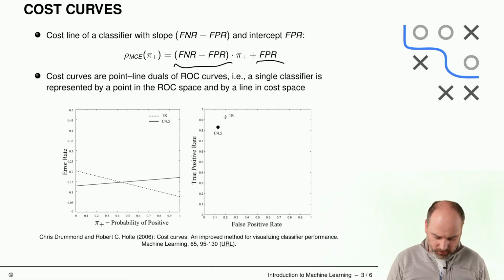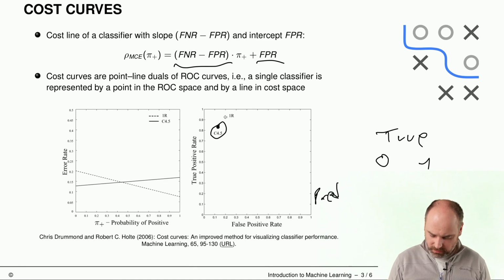So for example, we have a point like that here. That is apparently a decision tree. We can measure its false positive rate and we can measure its true positive rate. As these terms are always a little bit confusing, maybe let's write down our confusion matrix. I should put the true classes into the columns. So we have something like this here, and we have predicted classes, which can also be a 0 and a 1.